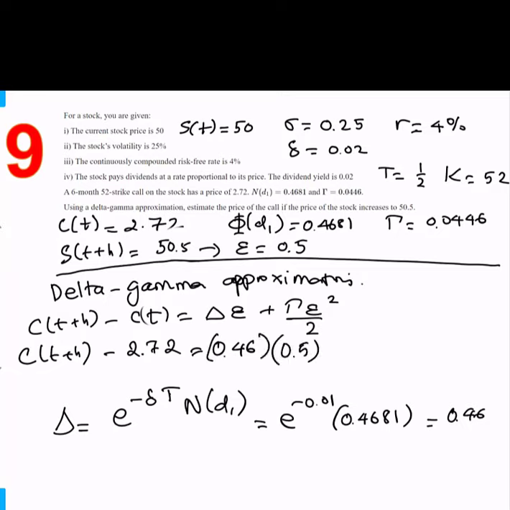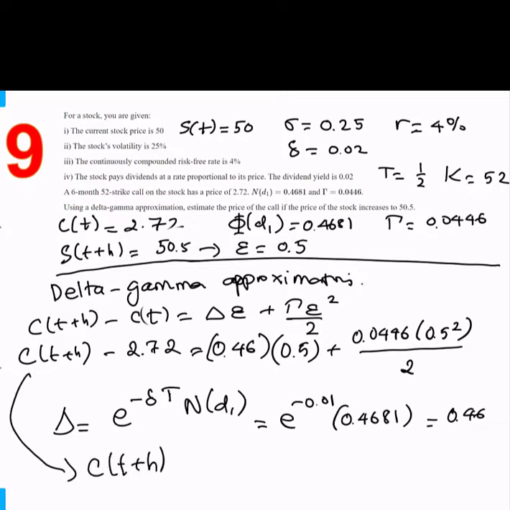Epsilon here is 0.5, times 0.5. Gamma is 0.0446, times epsilon squared, 0.5 squared over 2. And from here we can find the call price.